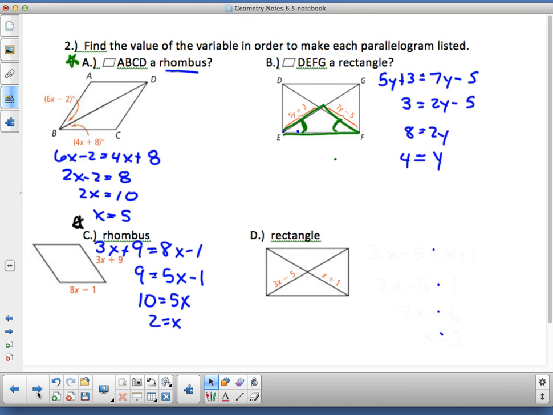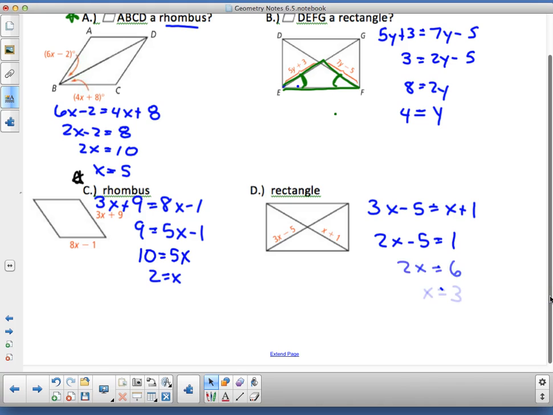Are you okay with 4 is equal to y? And then my last one, same type. So I'm getting after this, and I've got my x is 3. Are we doing okay? Now, keep in mind that last property that I talked about, base angles of an isosceles triangle, comes into play with problem 6 on today's assignment. So make sure you're careful as you're looking that over.